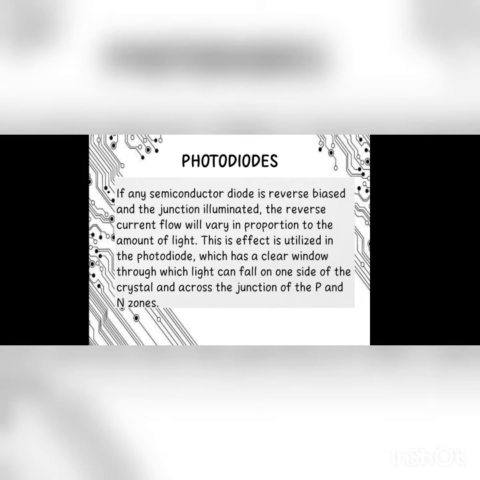If any semiconductor diode is reverse biased and the junction illuminated, the reverse current flow will vary in proportion to the amount of light. This effect is utilized in the photodiode, which has a very clear window through which light can fall on one side of the crystal and across the junction of the p-n zones.